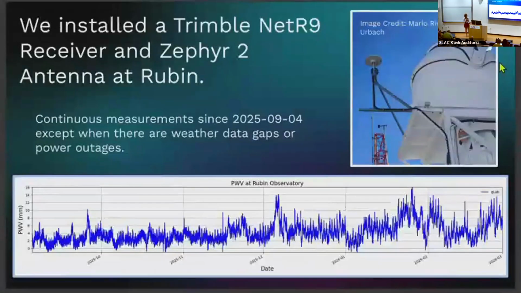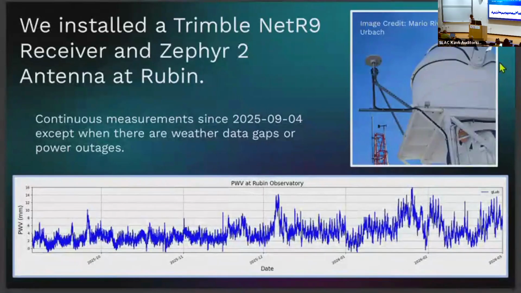So we installed a Trimble NetR9 receiver and a Zephyr 2 antenna at Rubin. You can see the antenna is mounted on the DIMM tower, and the receiver is housed in an electrical box at the base of the tower. And we have continuous measurements of the water vapor from that date, except when we have power outages or weather data gaps.